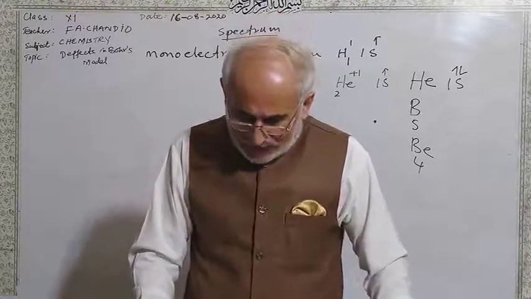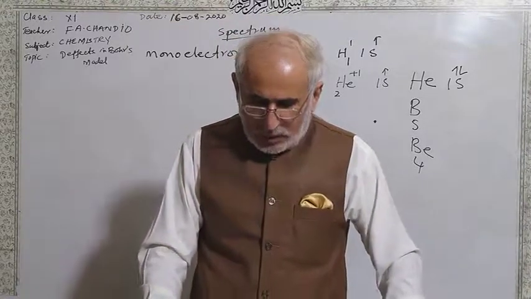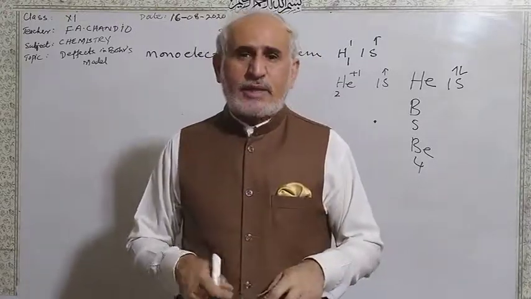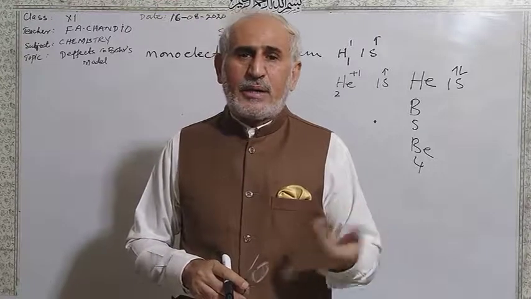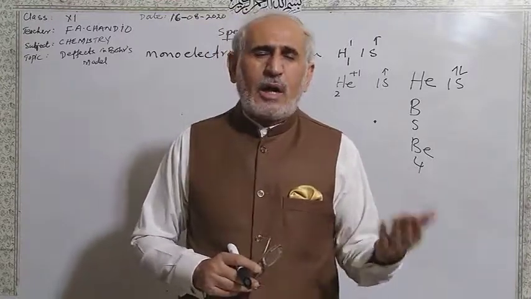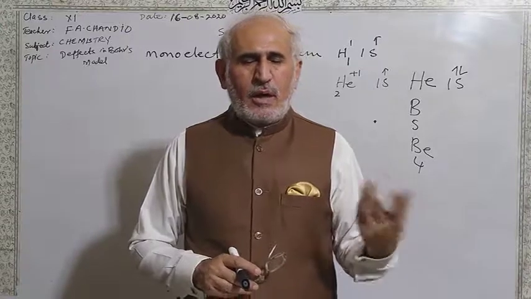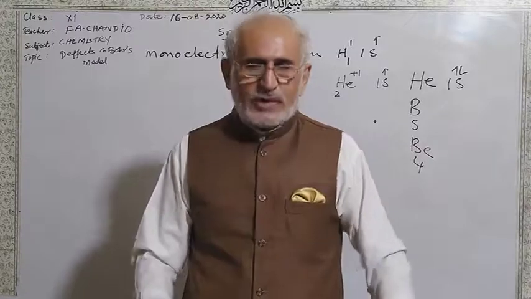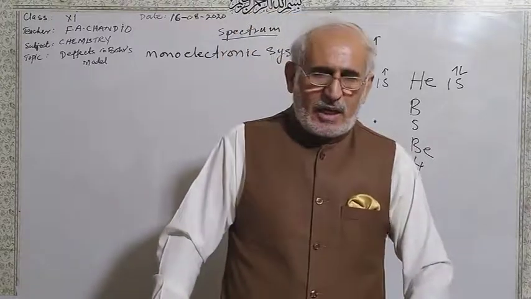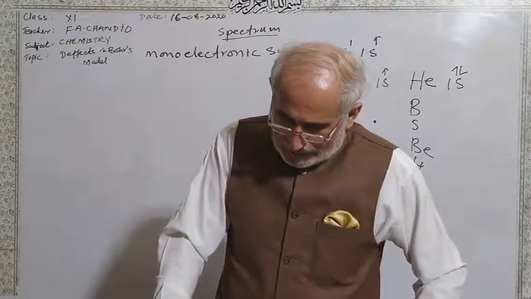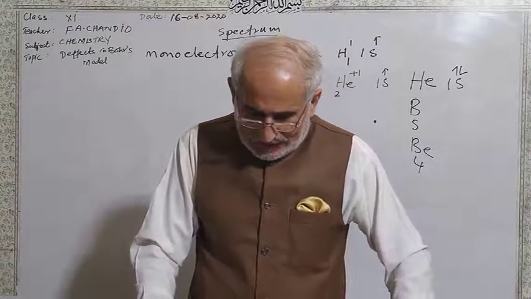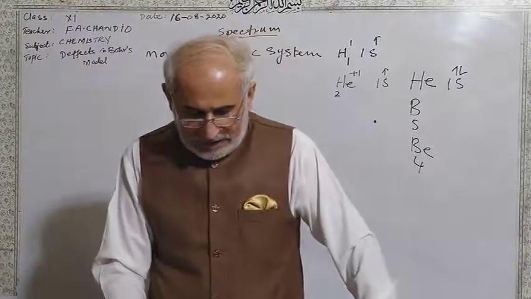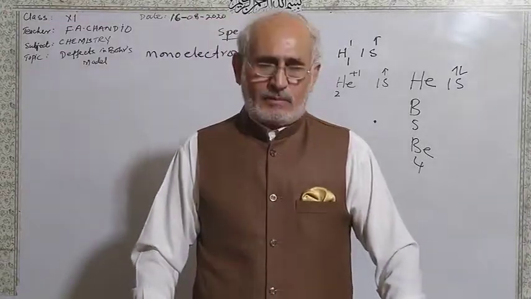The second point is that when the spectrum of hydrogen gas is seen through a powerful spectrophotometer, an instrument that can be used for the IR region, visible region, and also the ultraviolet region, the original spectral lines are replaced by several very fine lines.